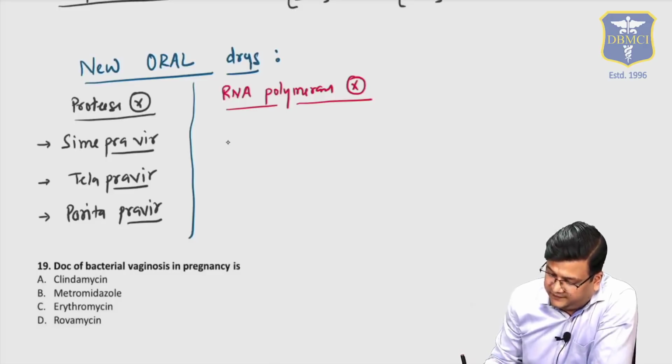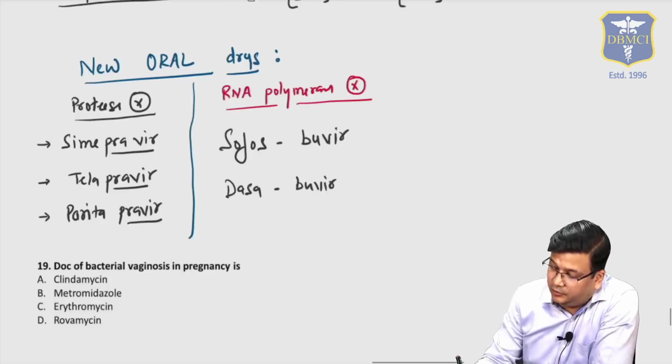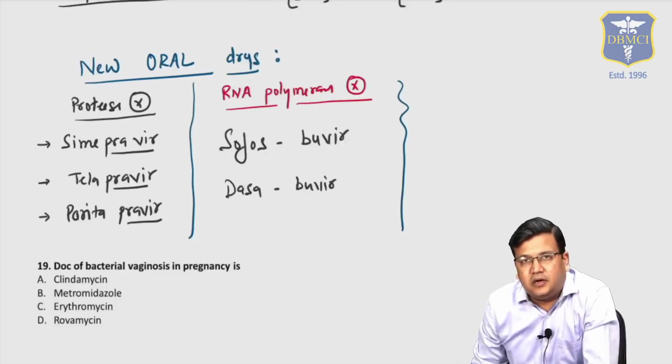So we have two drugs here. First was sofosbuvir, and a newer member in this category is dasabuvir. So these are two molecules, sofosbuvir and dasabuvir, which are RNA polymerase inhibitors of hepatitis C.